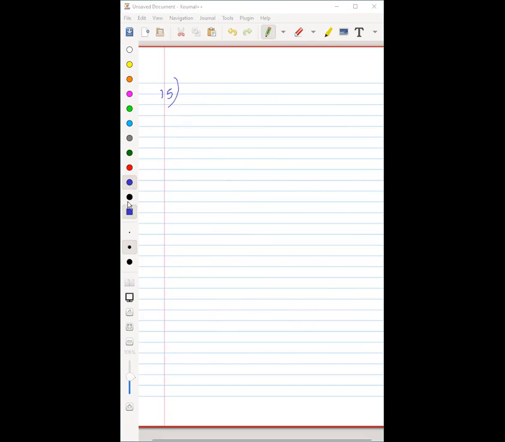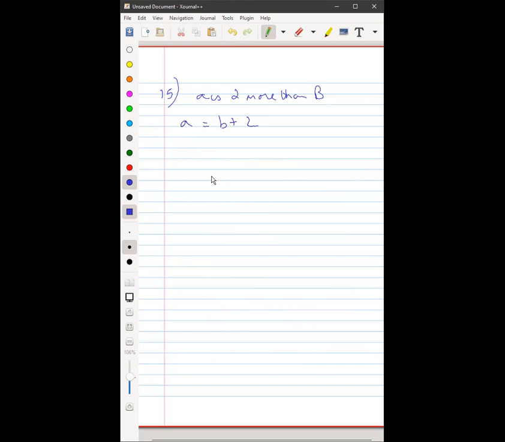The number A is 2 more than the number B. So the number A is 2 more than B. So that means A is equal to B plus 2, right? If the sum of the squares of A and B, the whole thing square is equal to 34, find A and B. Who could not do this one?